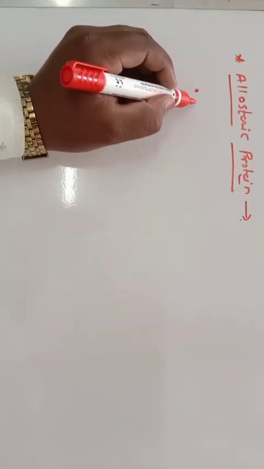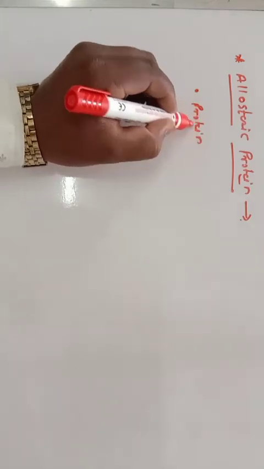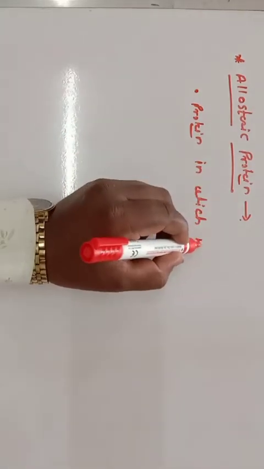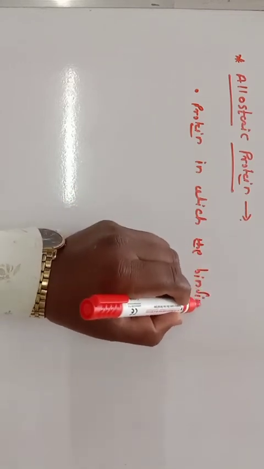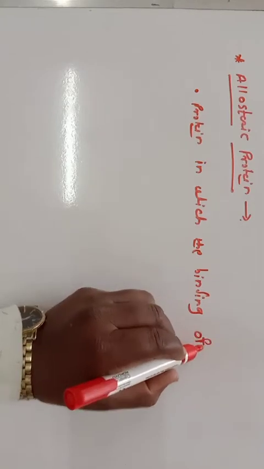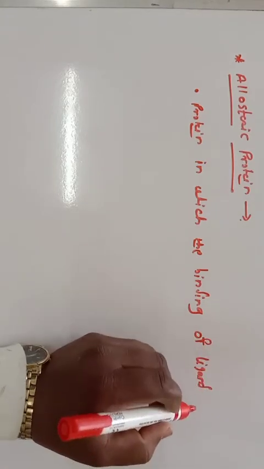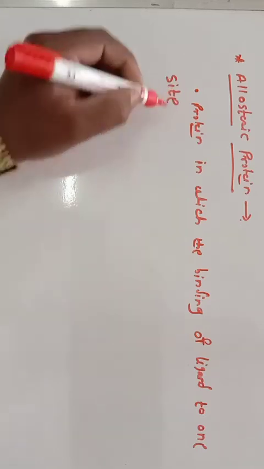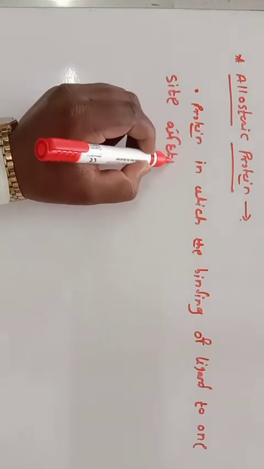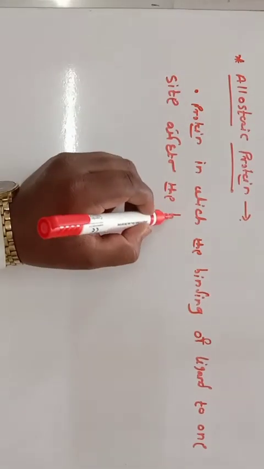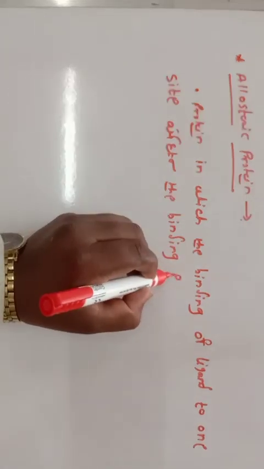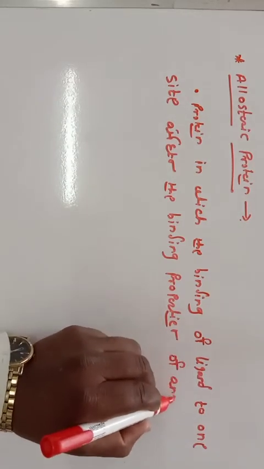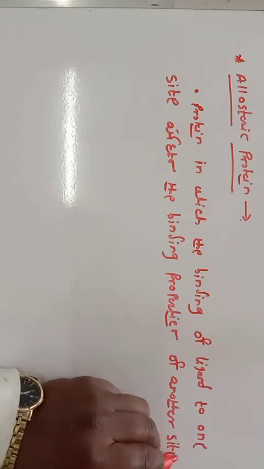It is a protein in which the binding of a ligand to one site affects the binding properties of another site on the same protein.